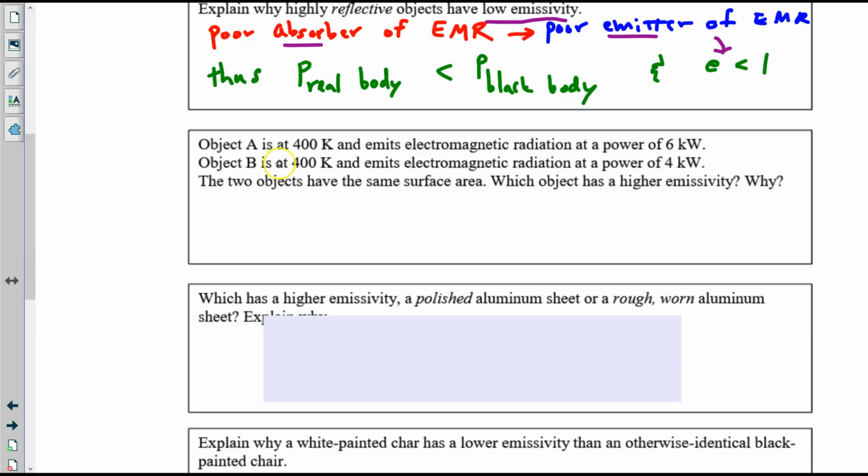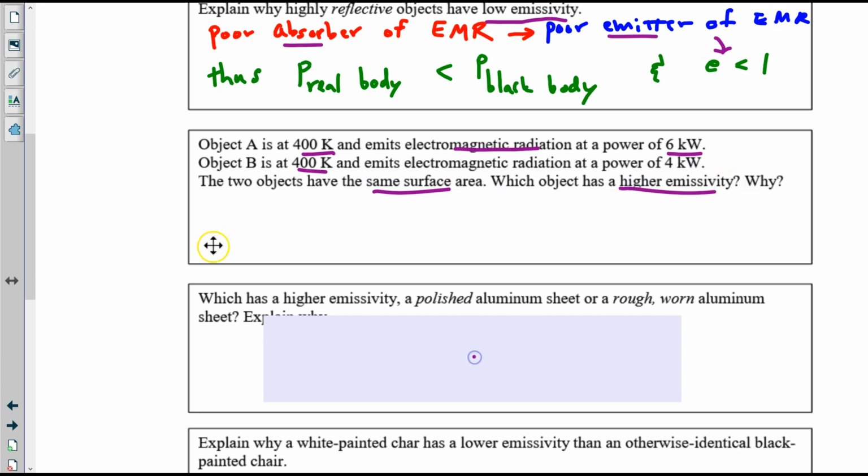Okay, object A is at 400 Kelvin, and it emits 6 kilowatts of power. Object B is at 400 and emits electromagnetic radiation at a rate of 4 kilojoules per second, or 4 kilowatts. Same surface area, which has a higher emissivity?